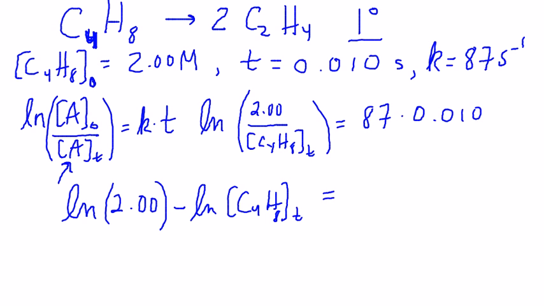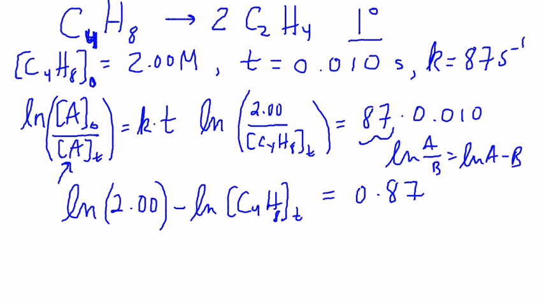And that's equal to 0.87, if we move the decimal 2 places to the left. And this, of course, is an application of the natural log of A over B is equal to the natural log of A minus the natural log of B. So that's what we've done here.